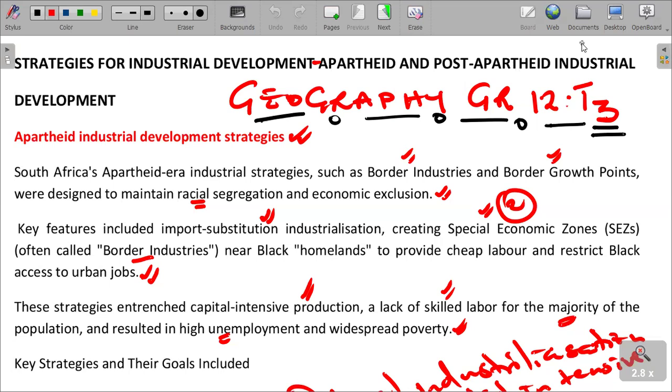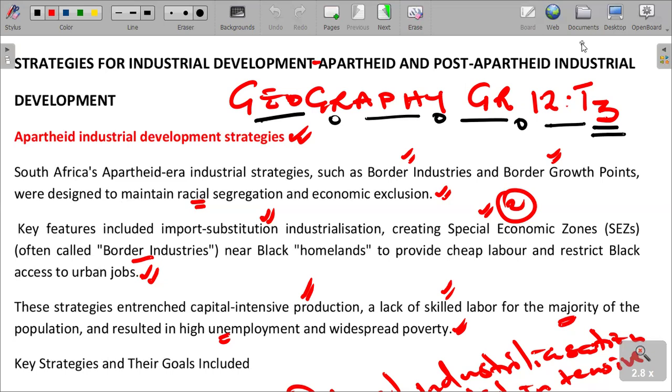We are here to discuss and quickly work on the last part, most importantly the industrial development strategies of South Africa, both post-apartheid and apartheid. We need to understand what the apartheid industrial development strategies were, as well as the post-apartheid development strategies.